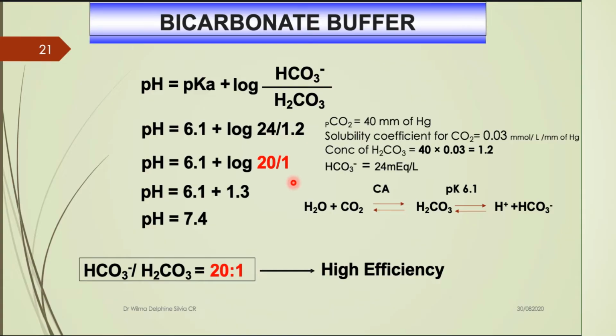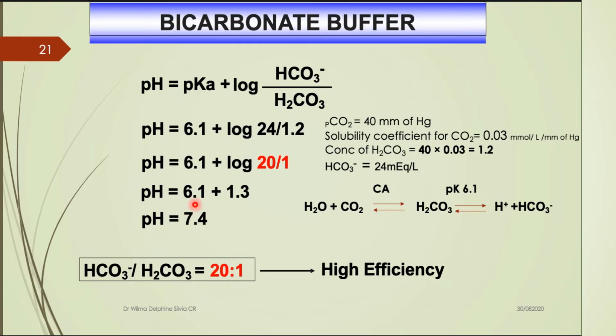Though the reaction of this bicarbonate buffer system is having pK of about 6.1, which is not representing the optimal body buffer, the bicarbonate buffer system is regarded as the most important buffer system in the body because the concentration of its components, the bicarbonate to carbonic acid, is 20:1.